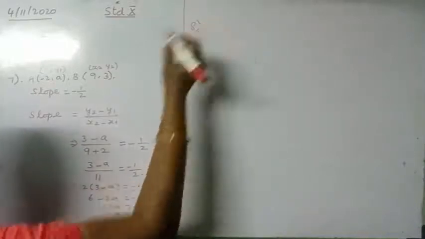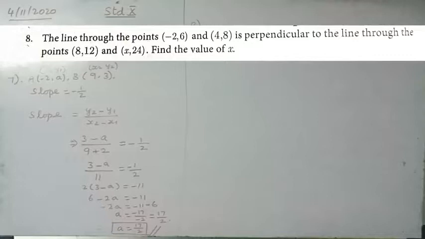Now question number 8. So what is the question here? The line through the points minus 2, 6 and 4, 8 is perpendicular to the line through the points 8, 12 and x, 24. Find the value of x. So two lines are given. Let me take these as AB and CD.